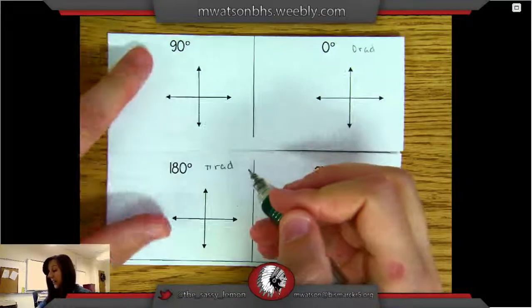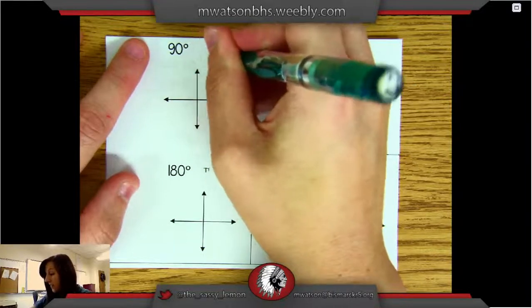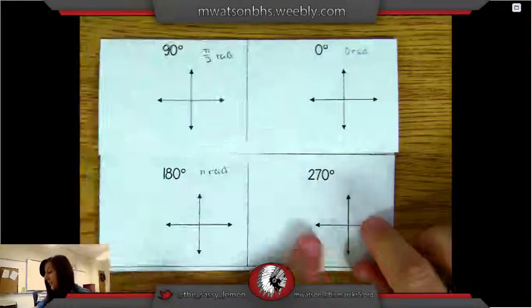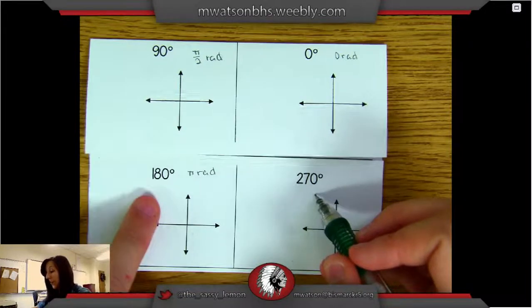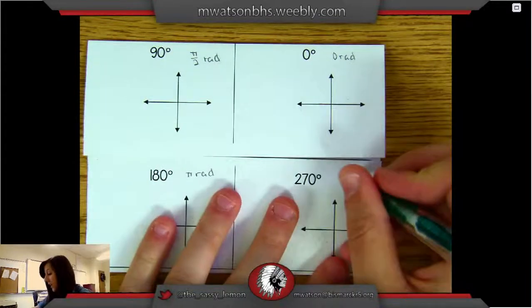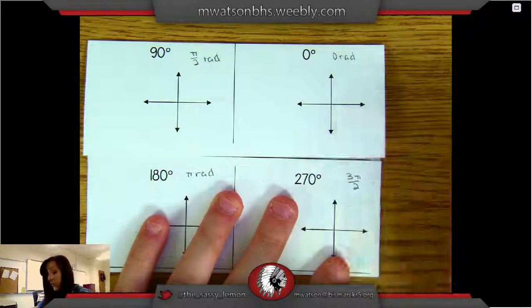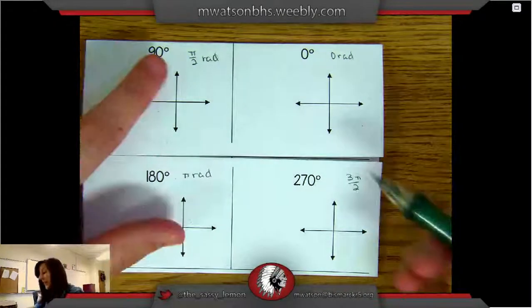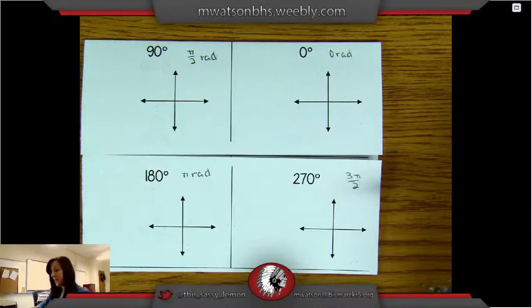And if 90 is half of 180, that means this is pi over 2 radians. And then this 270 is 90 degrees more than 180, so that's going to be 3 pi over 2 radians, because you add 1/2 pi plus pi to get 3/2 pi.